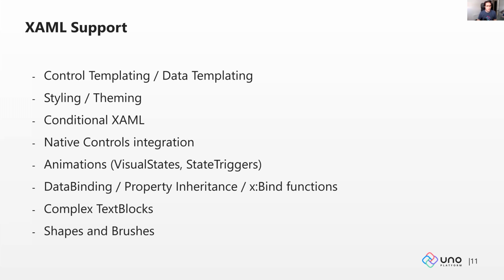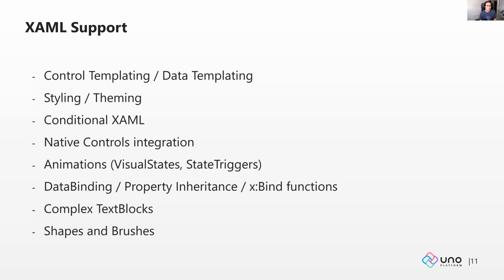We also support data binding, property inheritance, and XBind functions. That last one is something that we've been investing a lot in lately, especially if you're coming from WPF and had the problem of not being able to have multi-bindings working properly in your applications, that's something you can take a look at. It allows for calling functions from your XAML so that you can have any kind of code that's available from your code behind or any library that you can call directly from your XAML.